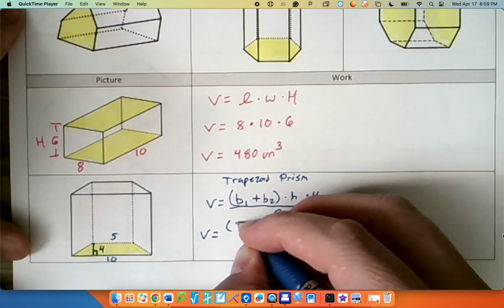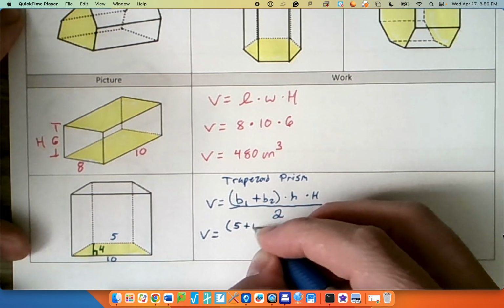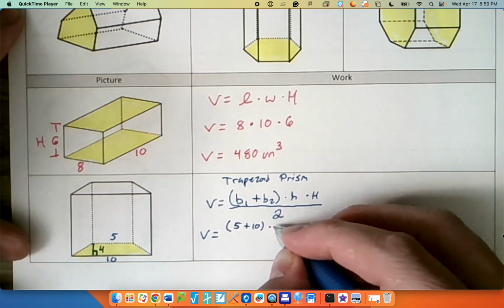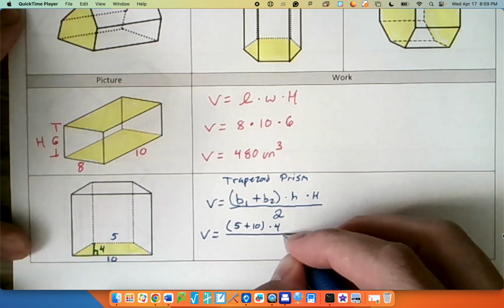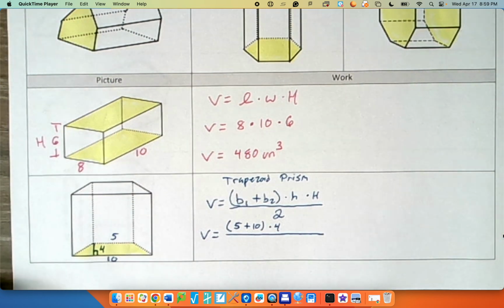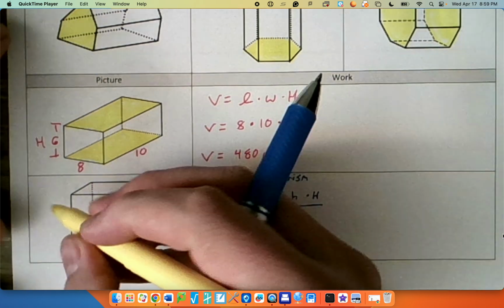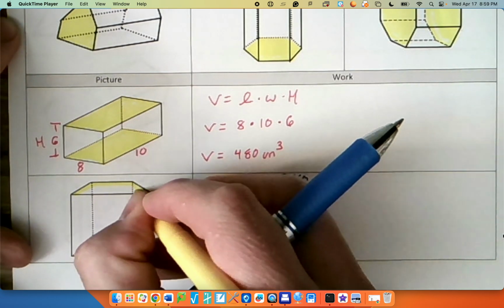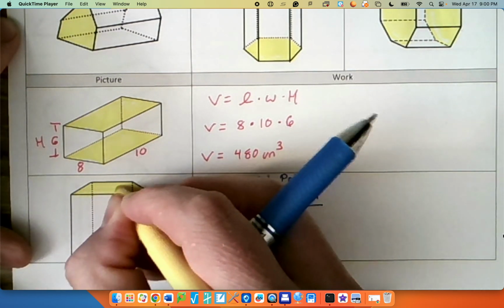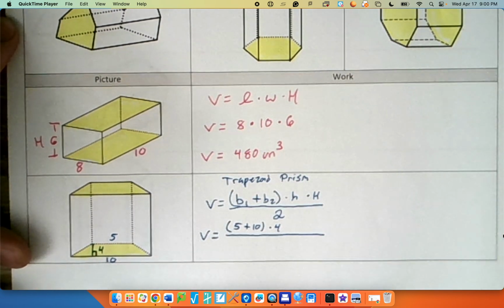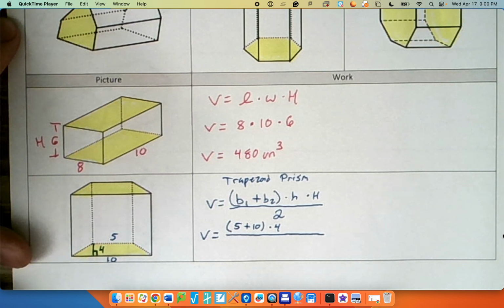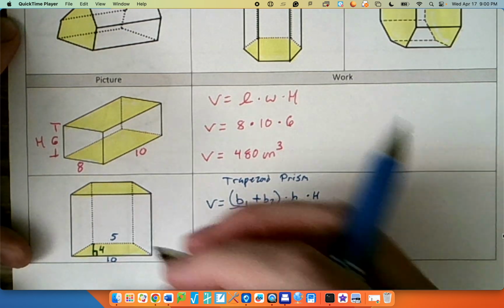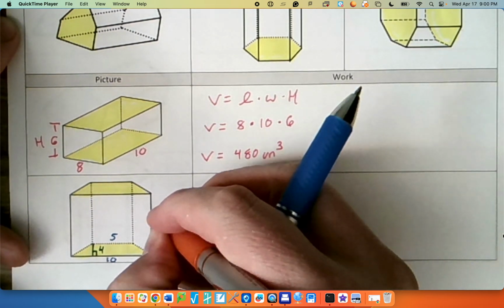So far in our formula, we have 5 plus 10 times 4. What we don't have yet is our height, the distance from one trapezoid all the way to the other side of our prism. I'll use orange, and that number is going to be 12.